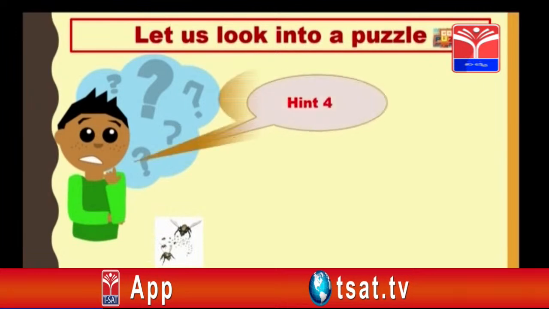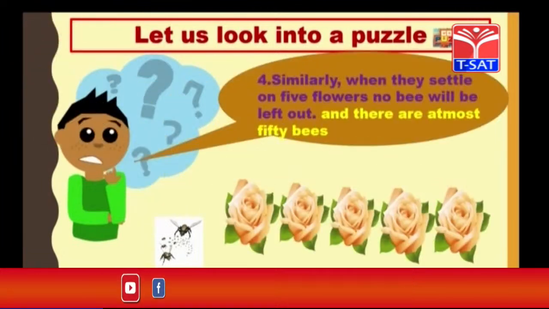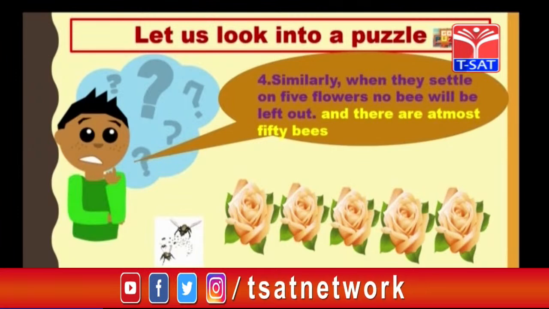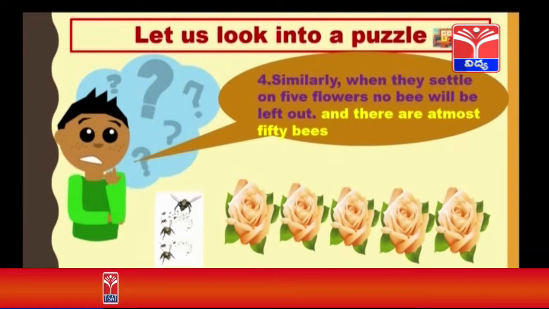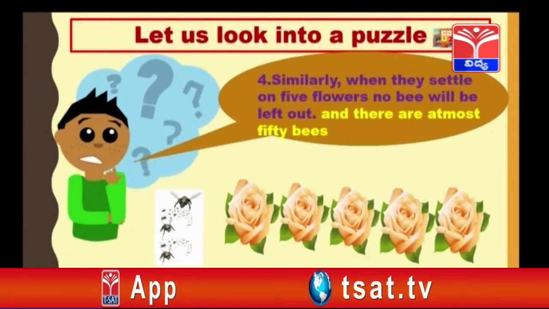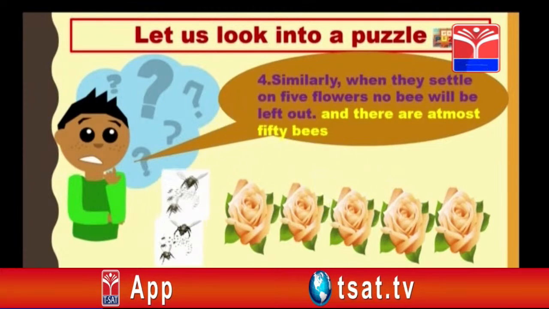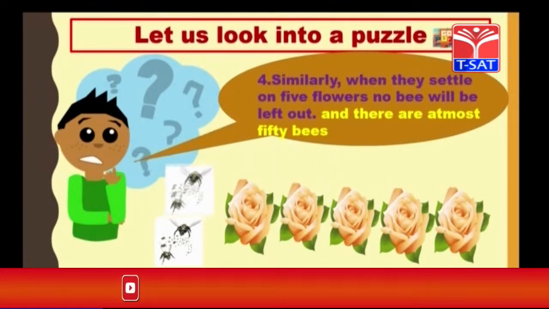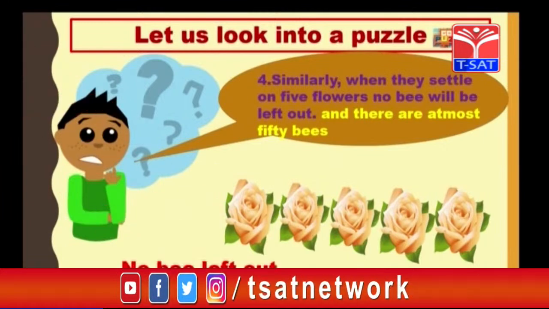Hint 4: similarly, when they settle on five flowers, no bee will be left out, and there are at most 50 bees. That means there are five flowers, an equal number of bees settle on each flower, and then no bee is left out. So these are the hints given.